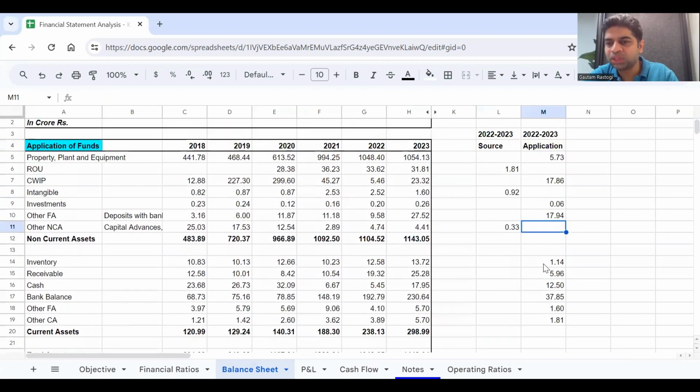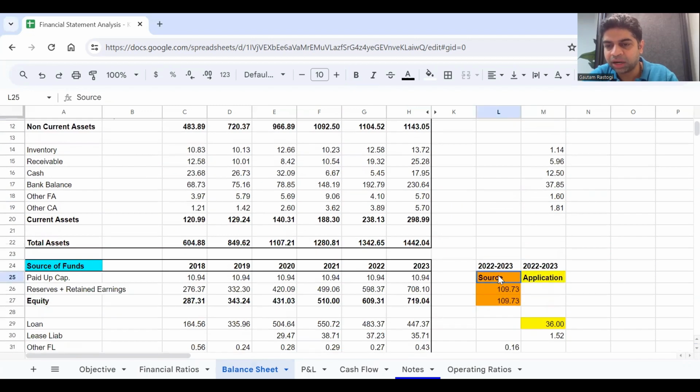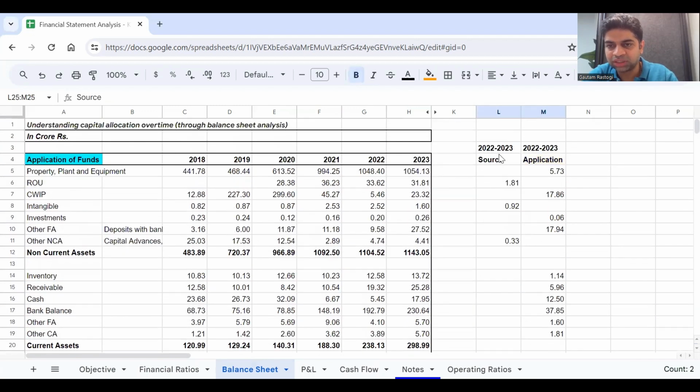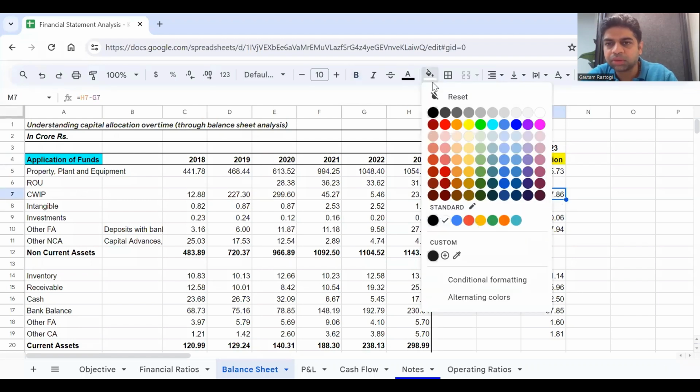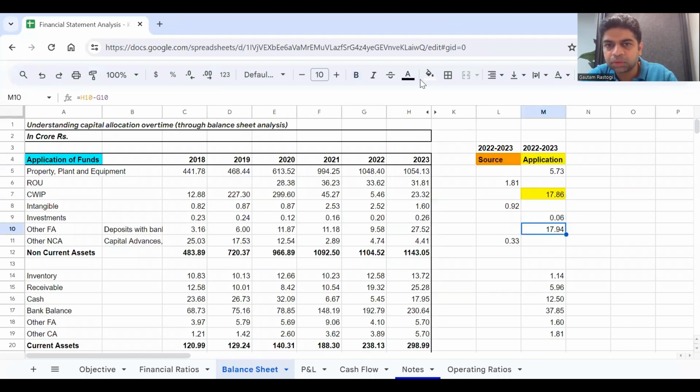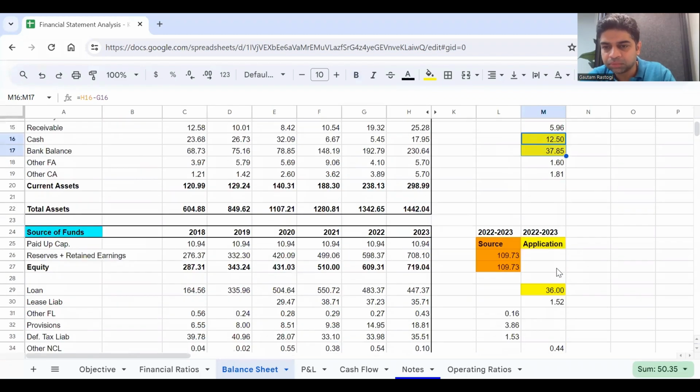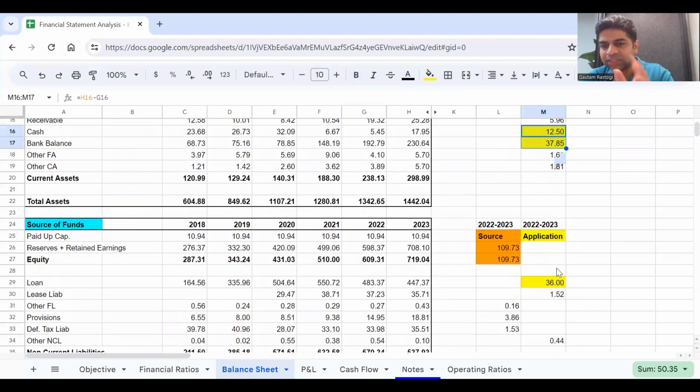Okay. Let me do the same thing here as well. Let me use this color scheme. Okay. So basically anything above 10 CR, I'm just highlighting it. All right, because those are numbers I want to see and observe as to what really is happening. Okay. All right. Now let's analyze this.